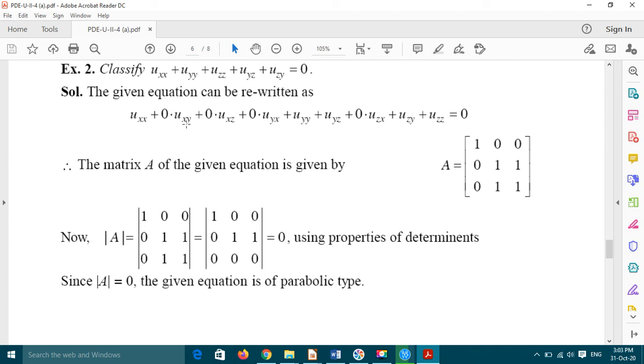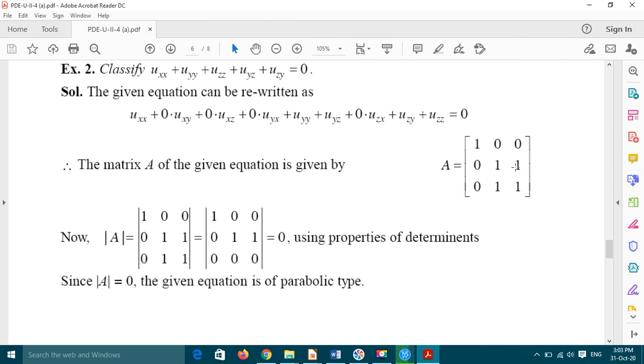So we write this equation in this form. We write the matrix corresponding to this differential equation, with the coefficients of u_xx, u_yy, u_zz, which are 1, 1, 1, in the diagonal entries.